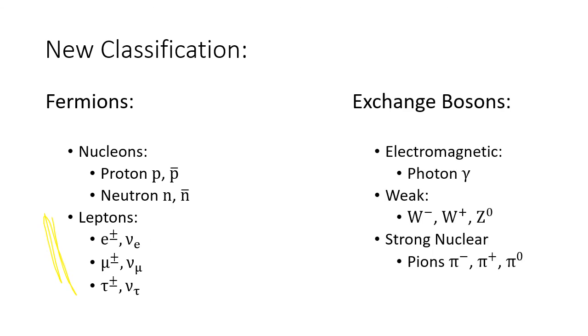This side hasn't changed. Won't actually change now for the rest of our course. That's it. We won't add anything extra to the exchange bosons, but we're going to add a lot more over here, and we might find a few more bosons, just not obviously exchange bosons.